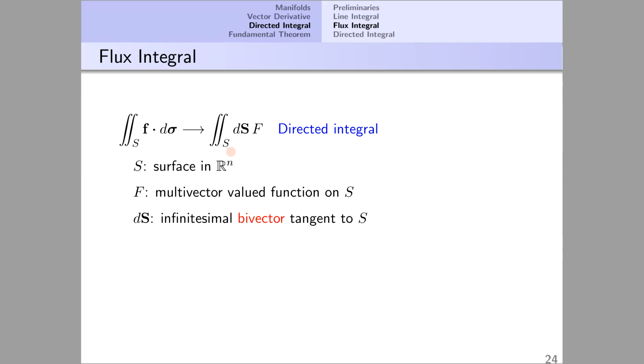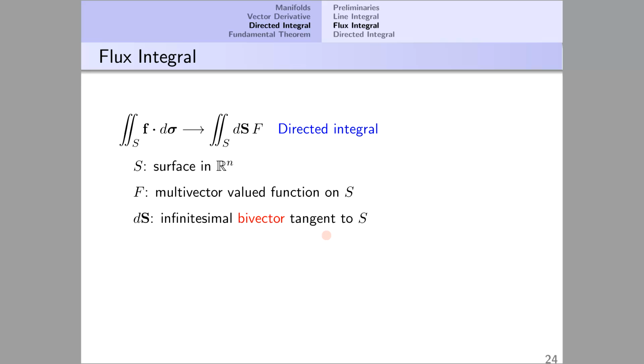It's still an integral over the surface, but ds here is an infinitesimal bivector in the tangent algebra to S. F is a general multivector valued function on the surface, and we have, again, a geometric product. Now, this works then in all dimensions, and I want to look at this infinitesimal bivector a little bit more.